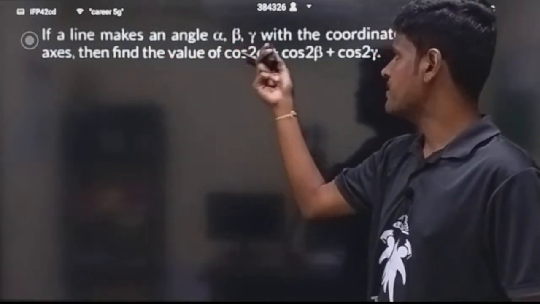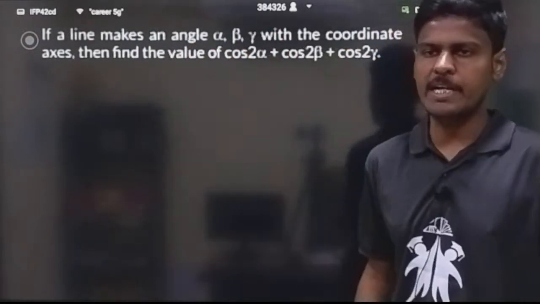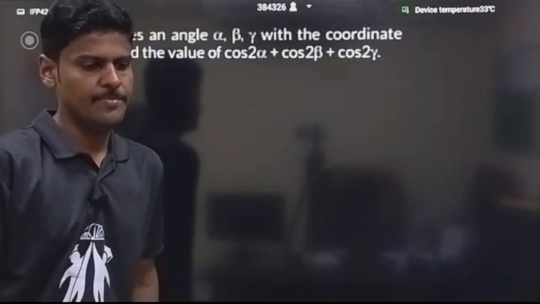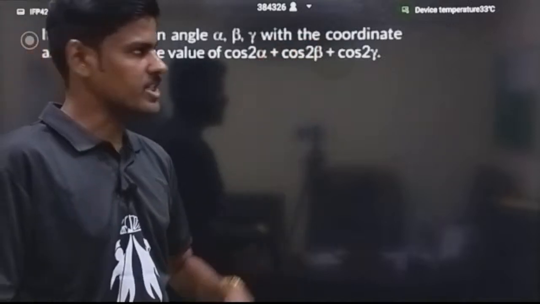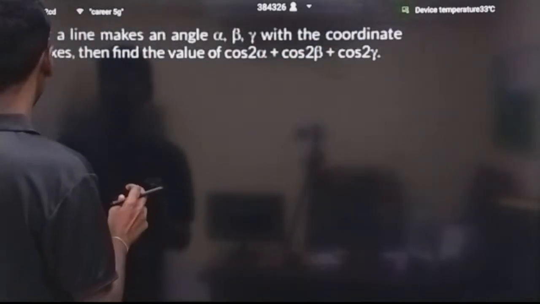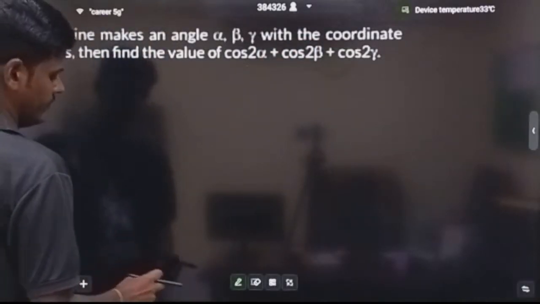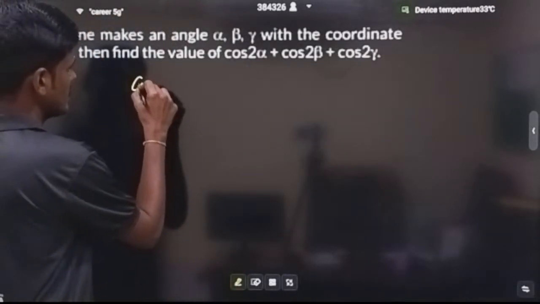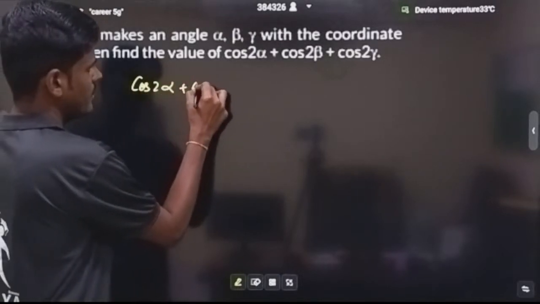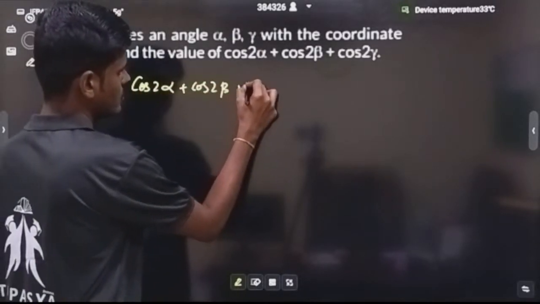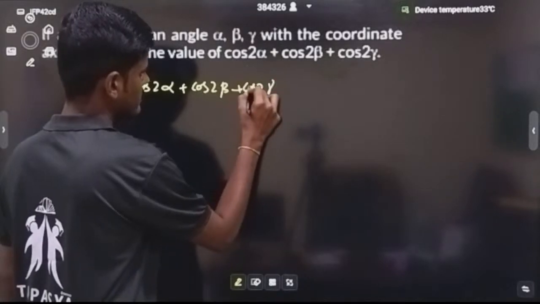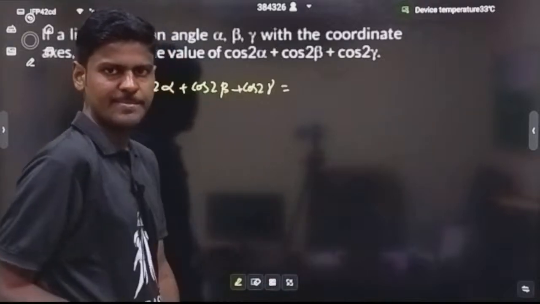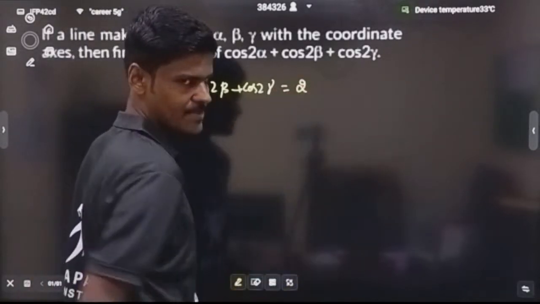Next question. If a line makes angles alpha, beta, gamma with the coordinate axis, find the value of cos 2 alpha plus cos 2 beta plus cos 2 gamma. Again, it is the same as the previous question. What is cos 2 alpha? cos 2 theta is 2 cos square theta minus 1.